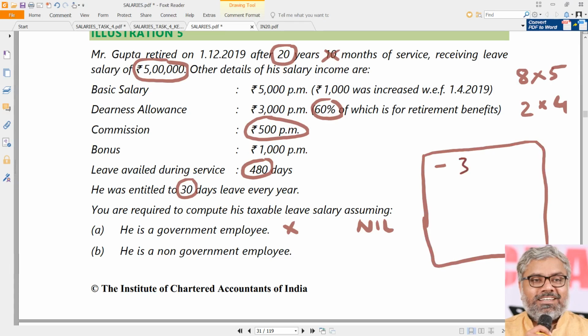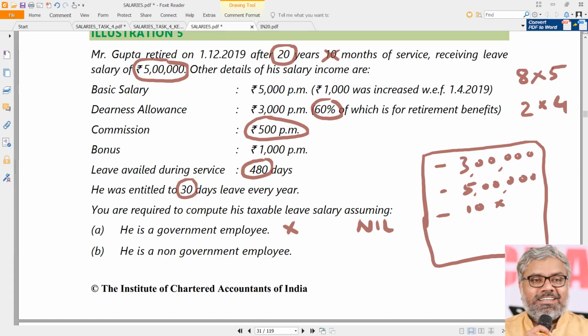First of all, 3 lakhs. That is a statutory amount. There is nothing that we can do about it. Second one is actual leave salary received. In this case, that is 5 lakhs. Then the third one is 10 into average salary. The main point is that we need to calculate the average salary first.